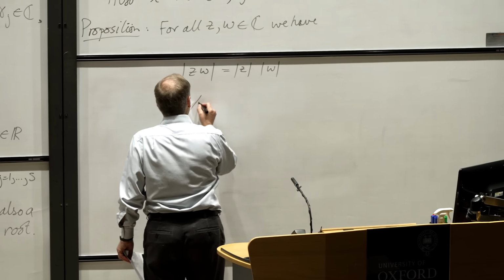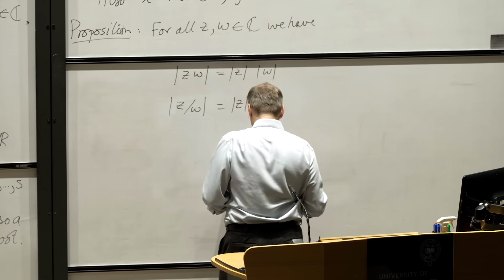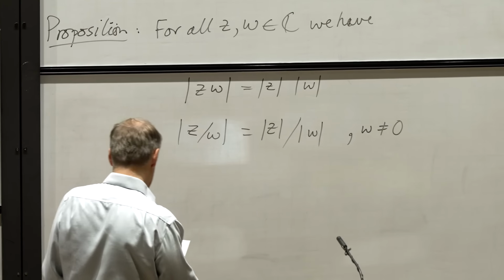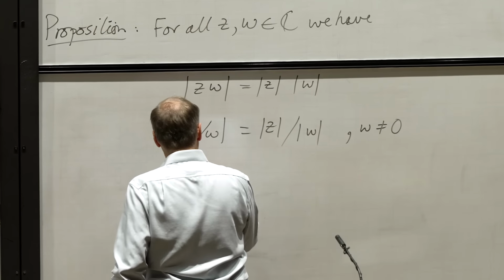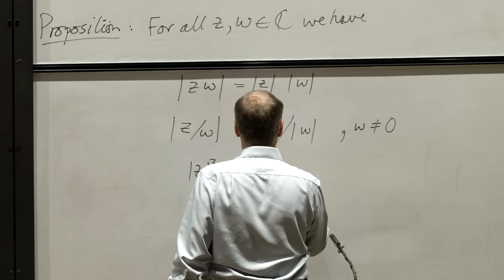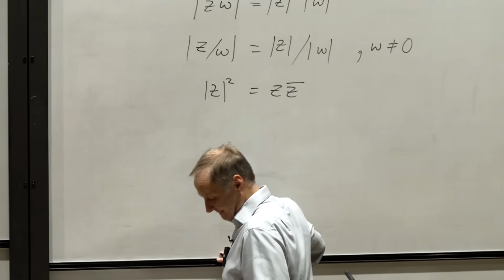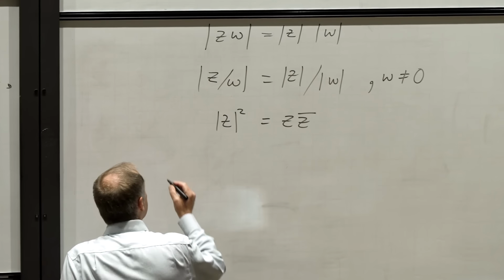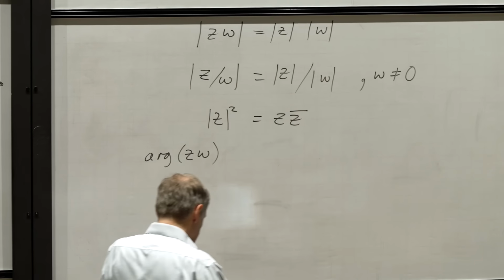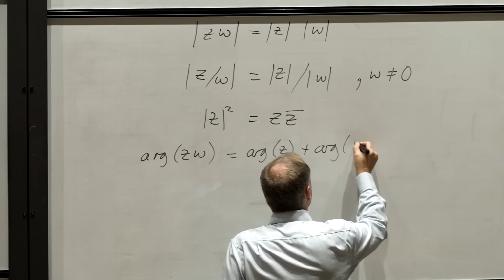The modulus of z over w is the modulus of z divided by the modulus of w, and this is true, of course, if w is not the zero complex number. And the modulus of z squared, that's just the square of a real number, is equal to z times z bar. So I claim that those things are all true. I also claim that the argument of zw is equal to the argument of z plus the argument of w.